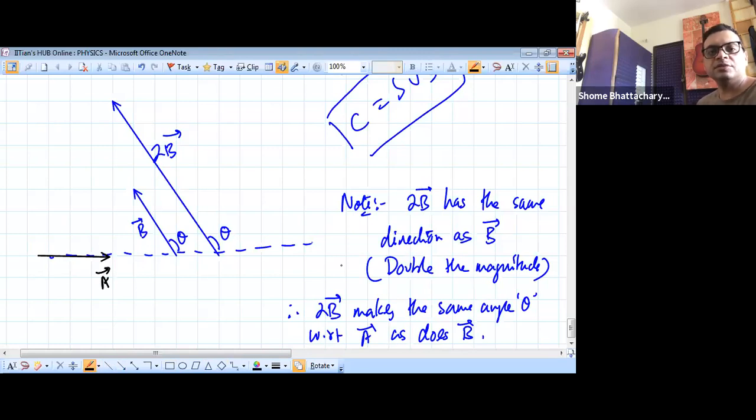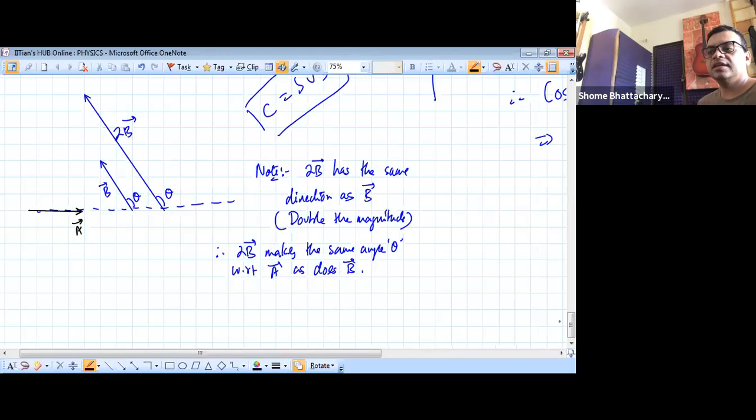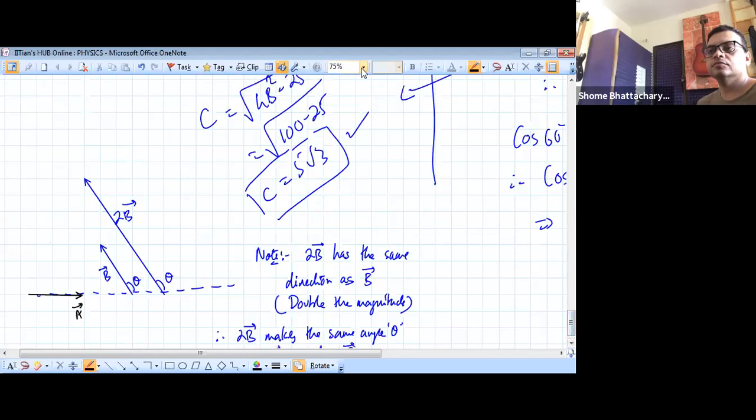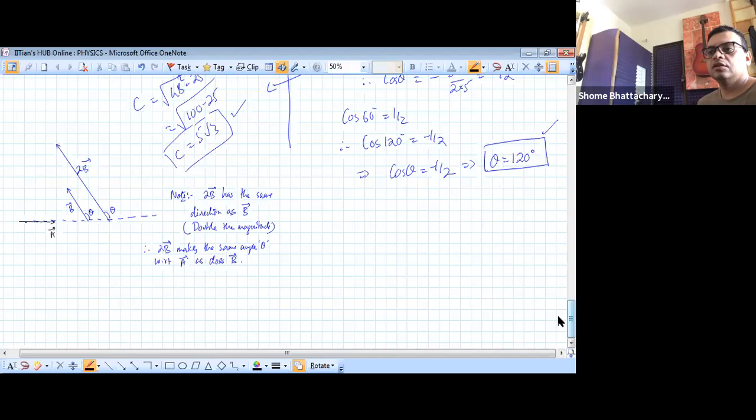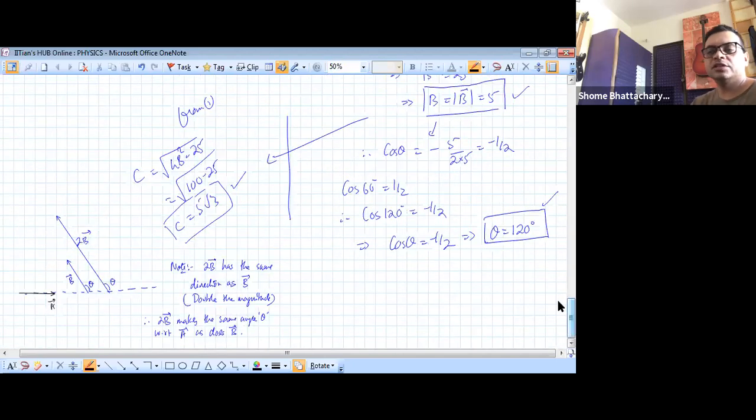That was a connection between the 2 vector triangles. That exterior angle is the same. The angle between the vectors E and B is the same as the angle between the vectors E and 2B. Okay, so quite a manipulative question, as you can see.